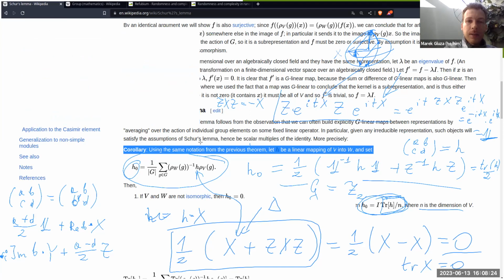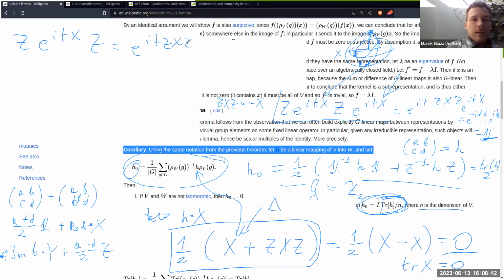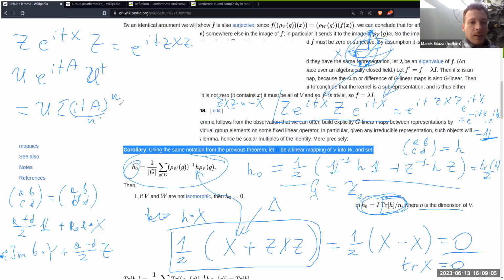Okay. One thing to note, to do this carefully, okay? This is some sort of exercise that you should be doing carefully. This is actually important to do it properly. If I have e to the itXZ, then I used e to the itZXZ. This is more general. If I have a unitary matrix U and e to the itA, then again a unitary matrix with a dagger. Z is self-inverse, so I have the dagger there. Then we can use the series representation, (itA) to the power n over n factorial, U dagger.